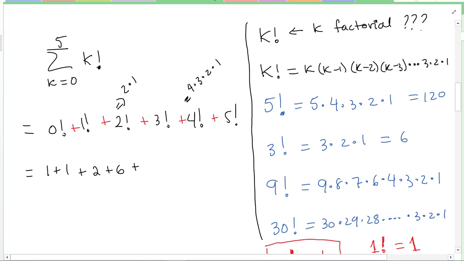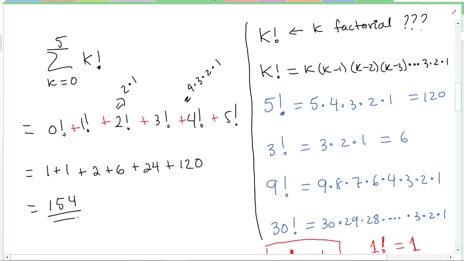So what's that? 4 times 3 is 12, times 2 is 24, times 1, 24, plus 5 factorial. 5 factorial is 120. And then you add these up. So whatever you get when you add these up, you can put in your calculator real quick and get 154. And so that will be the final answer.